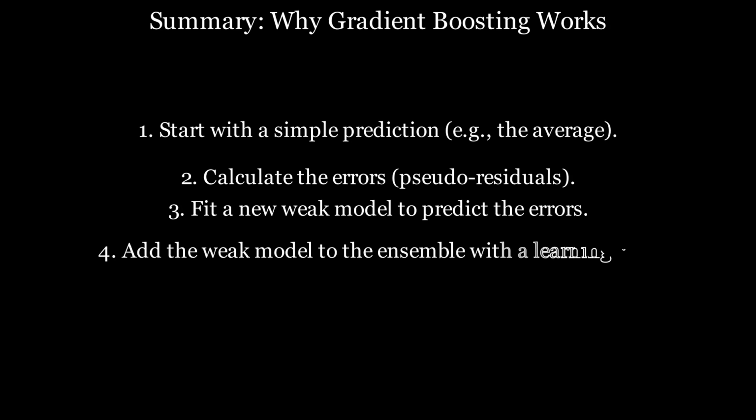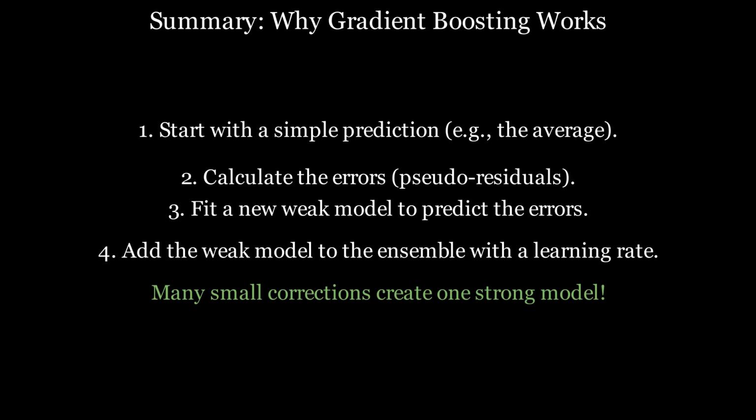Finally, we add this new model to our ensemble, scaled by a small learning rate, to update our overall prediction. By taking many small, incremental steps, each one targeting the remaining errors, gradient boosting can create highly accurate and robust predictive models, widely used in everything from search ranking to medical diagnosis.